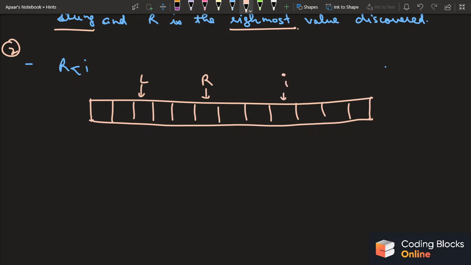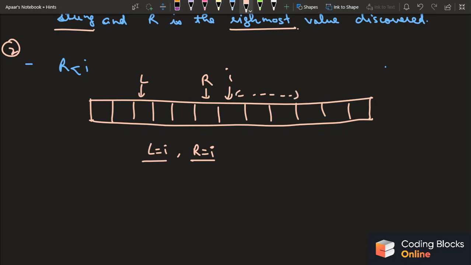It is quite possible that L and R are somewhere behind and I is in front of them, that there was no such interval in which I lies. So for this case, let's take I over here only. If I'm not able to find any interval in which my current I lies, then I'll simply make L equal to I and make R equal to I, and start matching.